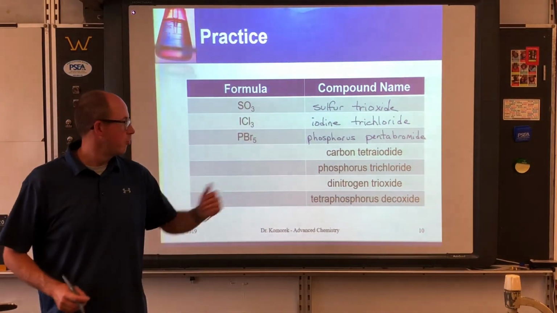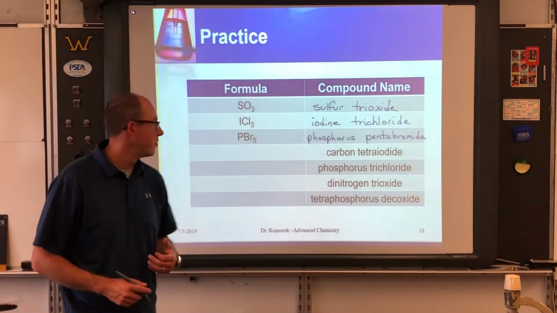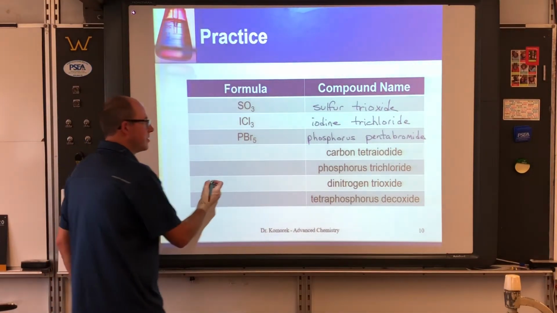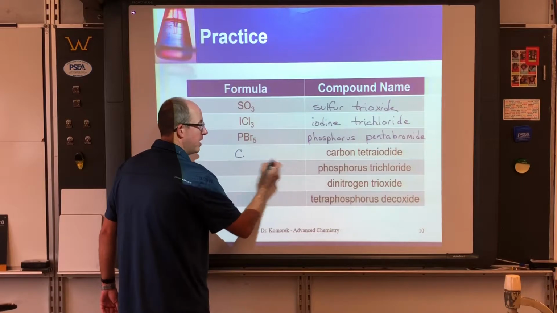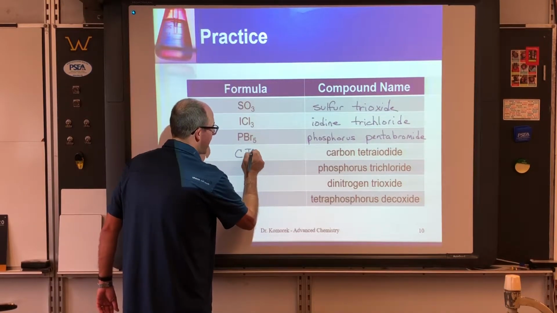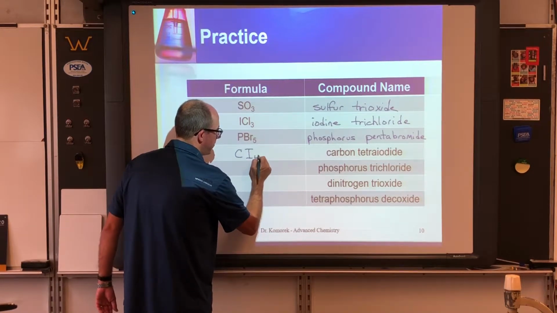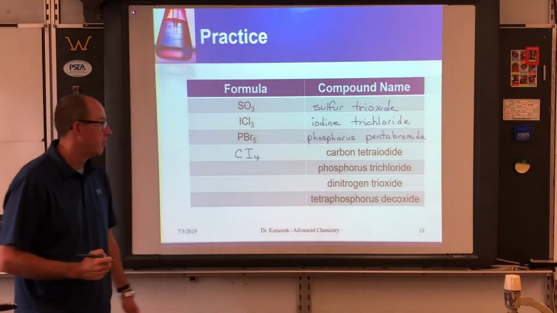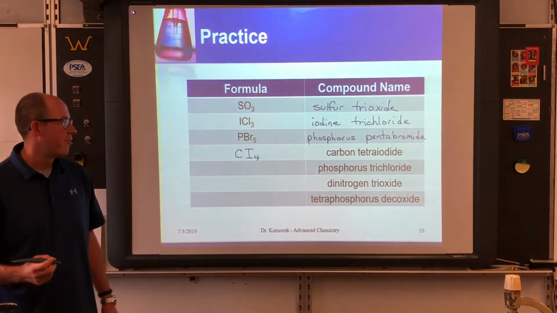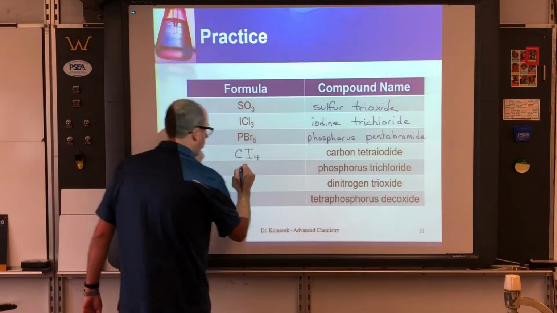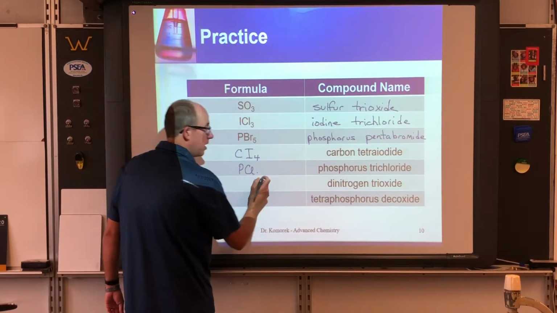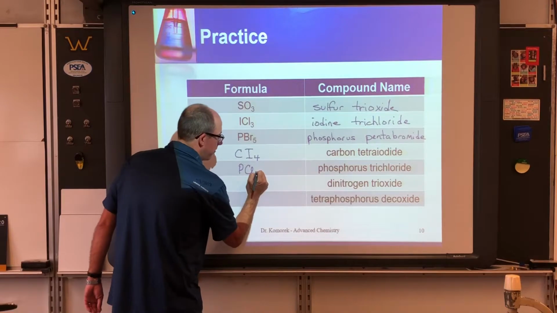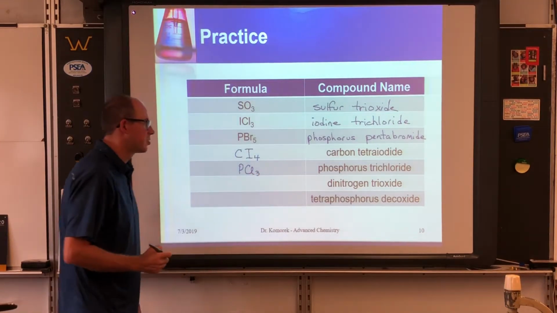Reversing it now, we're given the name, we're asked to find the formula. For the first one, carbon tetraiodide, no prefix on carbon, so there's only one of it. Tetraiodide is based on iodine, and the tetra means there's 4 of it. For the next example, phosphorus trichloride, 1 phosphorus because there's no prefix. For chlorine, trichloride means 3.